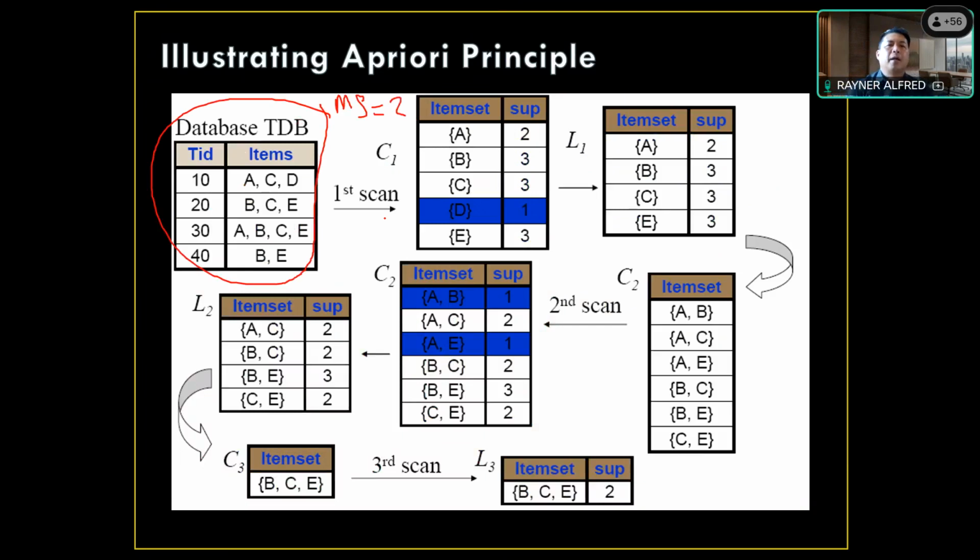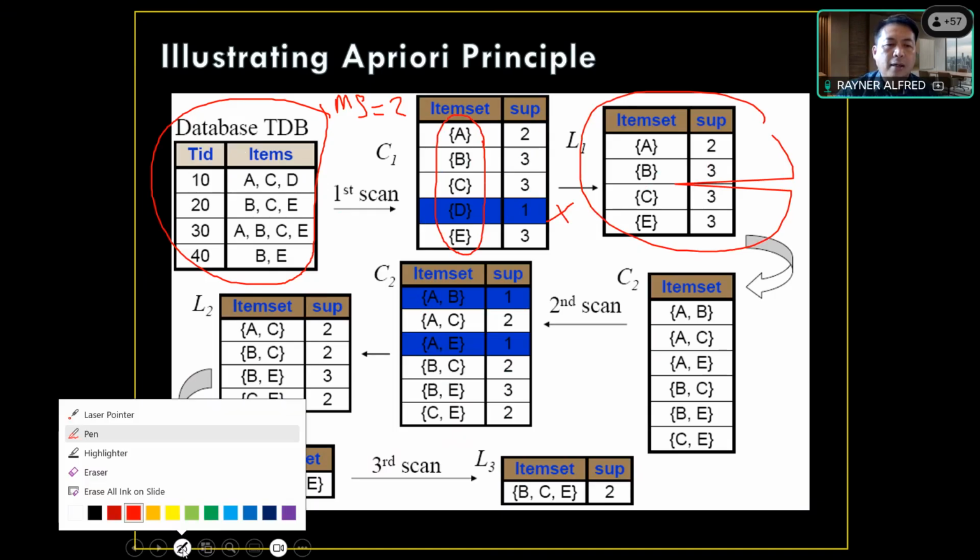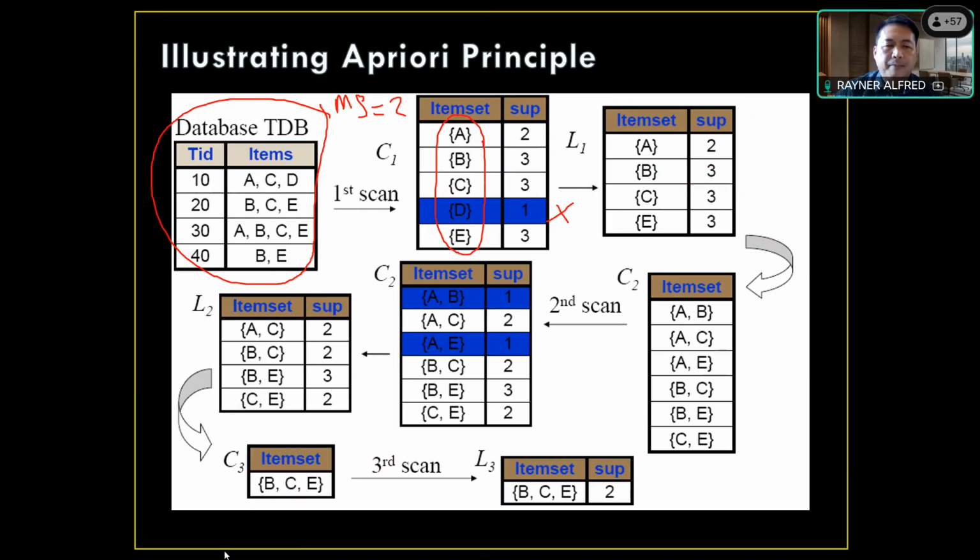Okay, so the first scan is just looking into the individual item sets we have. So we count the number of rows. So we eliminate this. So we are left with this. Okay. Now we proceed with 2 item set.